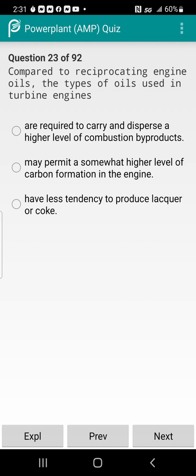Compared to reciprocating engine oils, the types of oils used in turbine engines have less tendency to produce lacquer or coke.